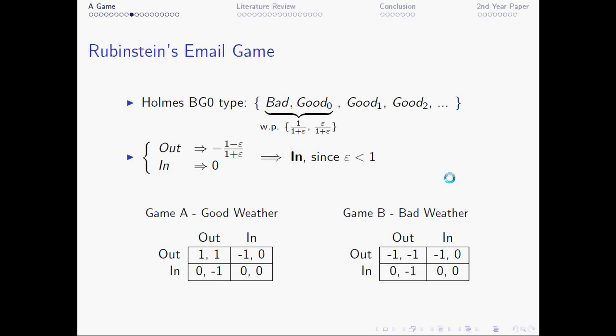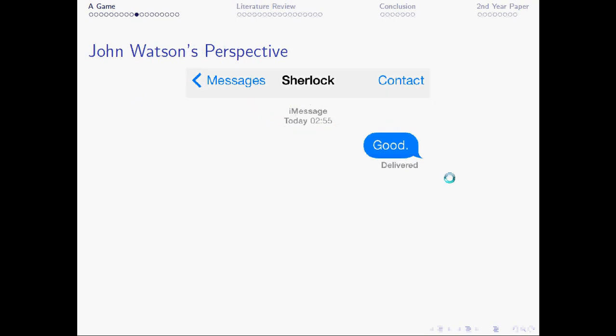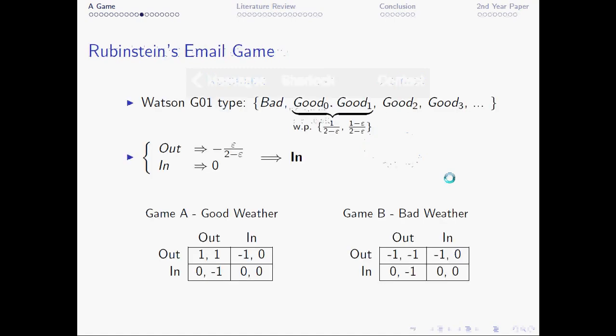And the second thing is in John Watson's perspective. So if I sent a message, but I never got a read receipt, I don't know if my message is lost or the reply or the read receipt is lost, just like the iMessage example I talked about at the beginning. So I'm confused between two possibilities, good zero and good one, and I assign probabilities using Bayes rule, which is a simple calculation.